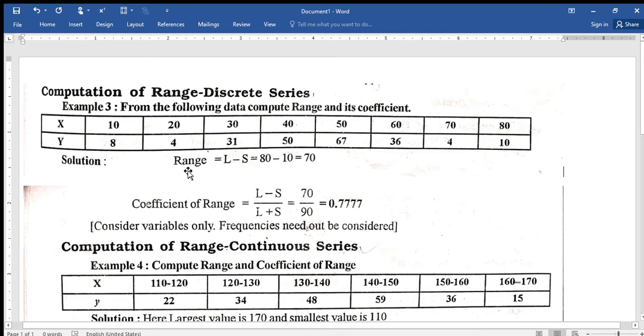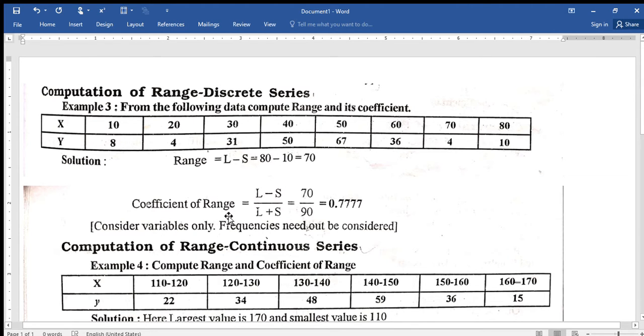The formula for range is equal to L minus S, where L indicates the largest value and S indicates the smallest value. In this case, the largest value is 80, the smallest value is 10. If we subtract 80 minus 10, we get 70. This is the range in this case.